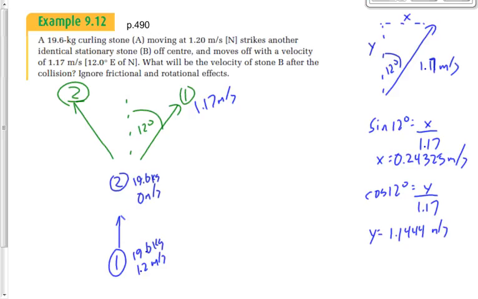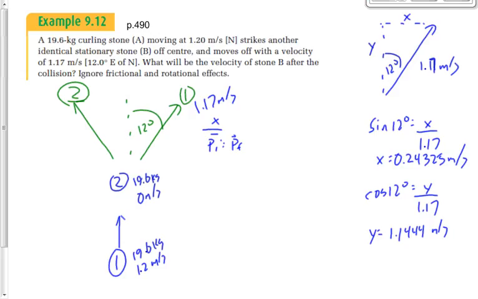All right, now let's do x's and y's. What's the x component of object number 1? m1 v1i plus m2 v2i. What's the total x momentum? 0. Object number 2 is at rest.